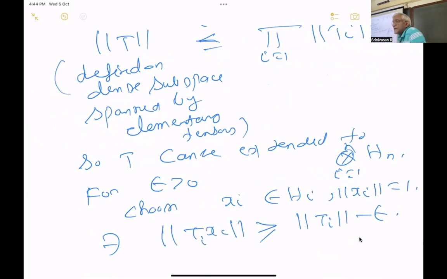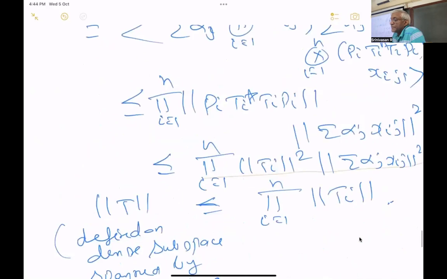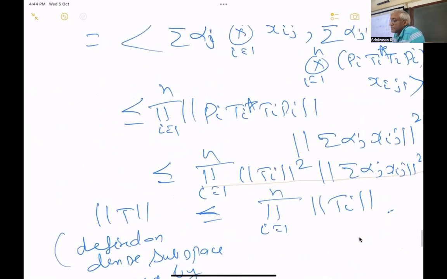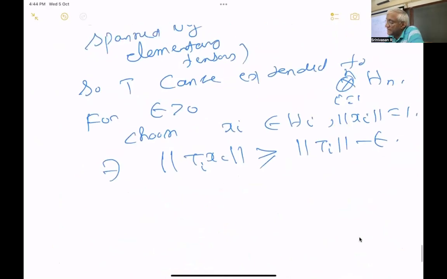That's the definition of norm. Norm is the supremum of all norm Tx where norm x is less than or equal to 1. Using the finite dimension, we proved that this is less than or equal to this. Then I want to prove it's equal. For that, given epsilon, I choose x_i like this.